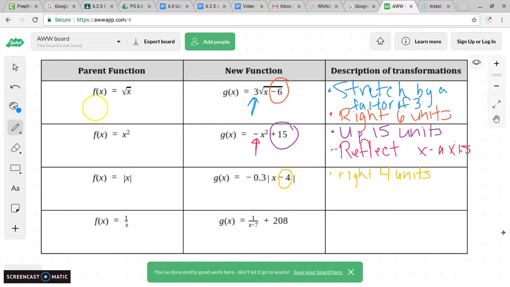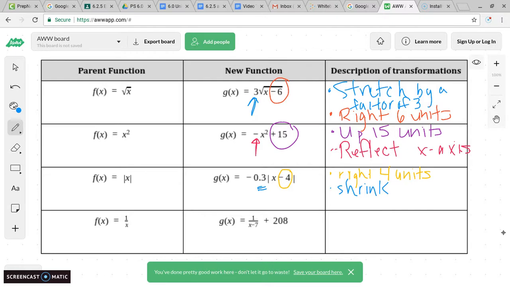And then the other thing that's happening is there's a 0.3 out in front. That 0.3 is being multiplied. Whenever something's being multiplied out in front, it is either stretching or shrinking. This time, because it's 0.3, it's in between 0 and 1. And so it is shrinking. So we want to say there's a shrink by a factor of 0.3.